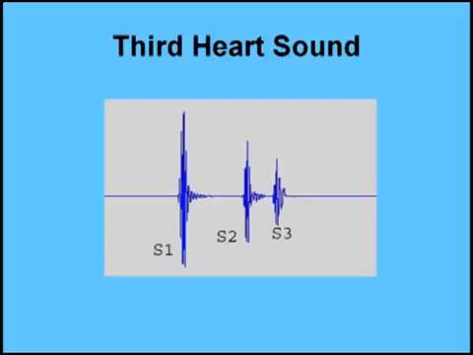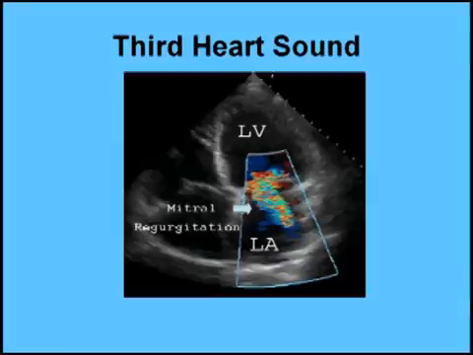A third heart sound can be difficult to detect because it occurs in the shadow of a louder second heart sound. A third heart sound can occur in volume overload states such as mitral regurgitation.